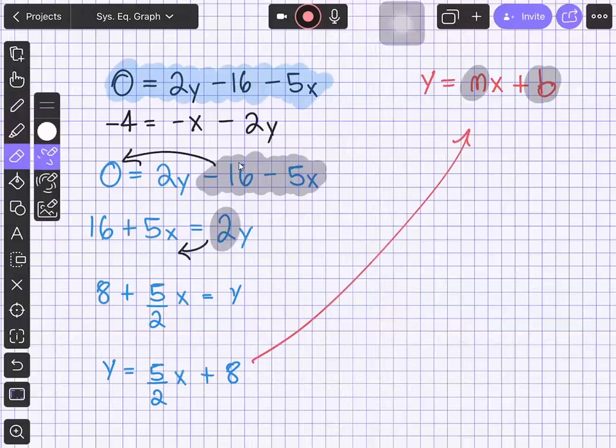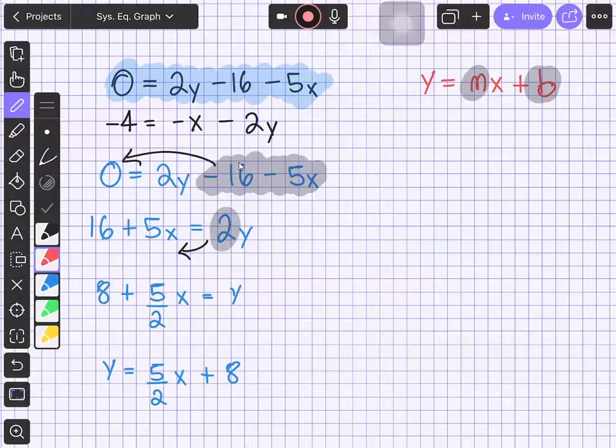So now we're going to do exactly the same thing for the second equation. So now this one here. So let's copy. Negative 4 equals negative x minus 2y.